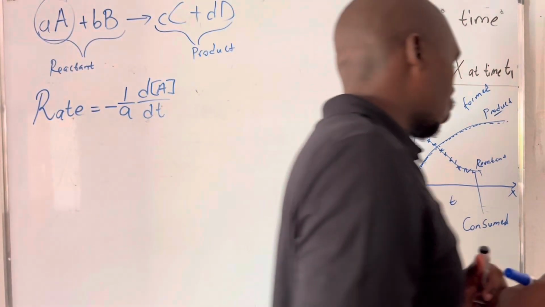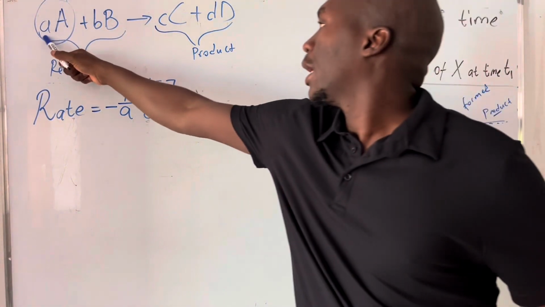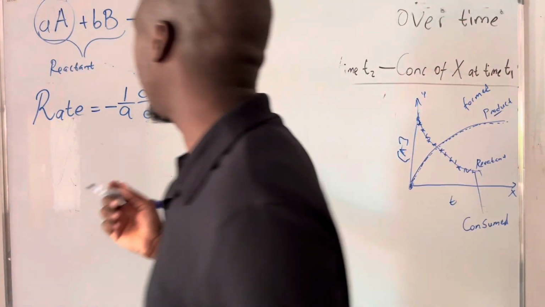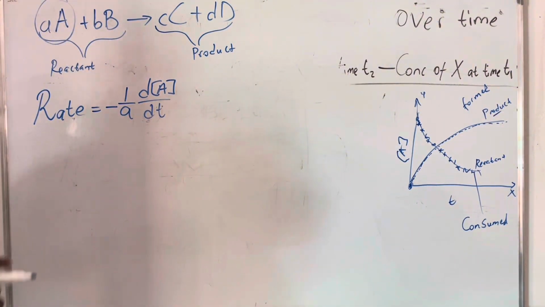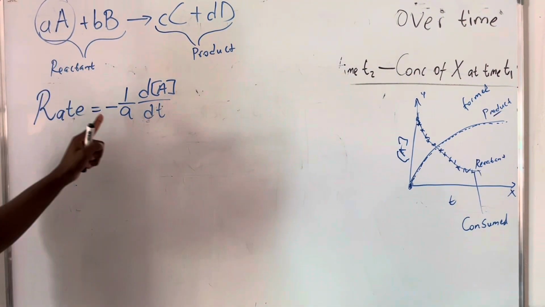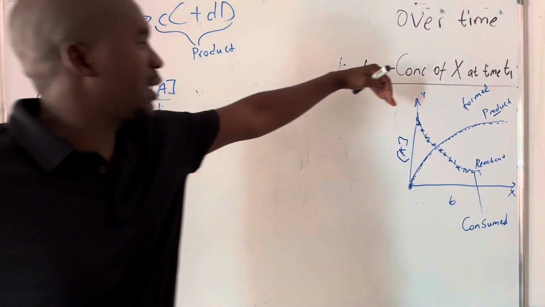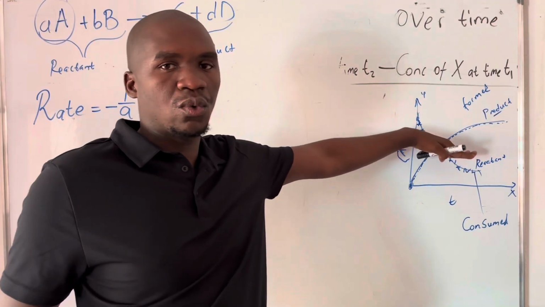I want you to analyze what I wrote here and how I came to that conclusion. And by the way, a, b, c, d are the species coefficients. If you check it out, the rate for this one is negative because it is consumed. You can even see it here, curving down, right?